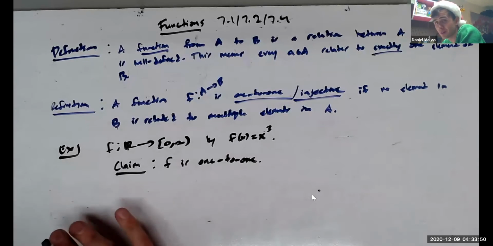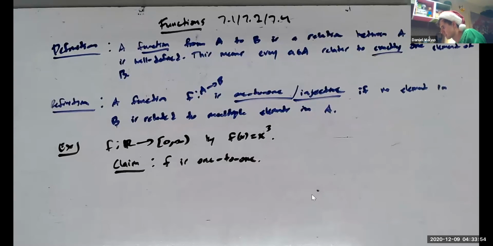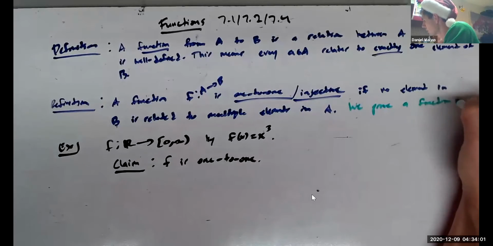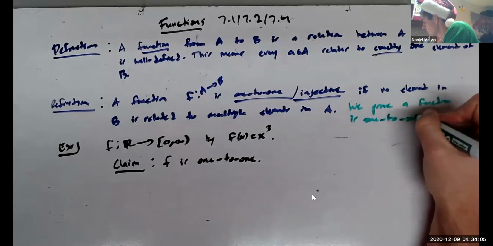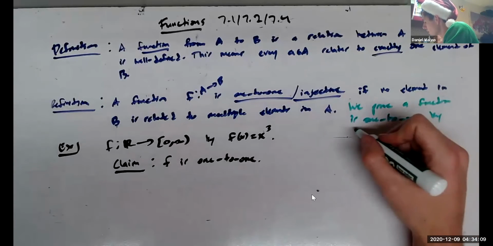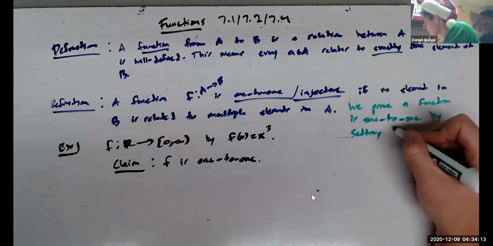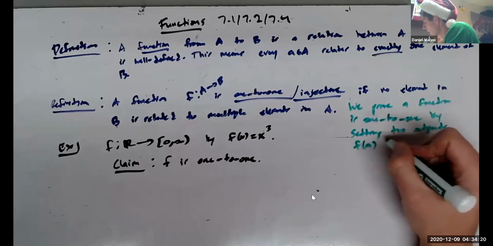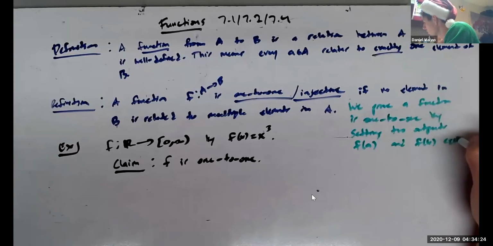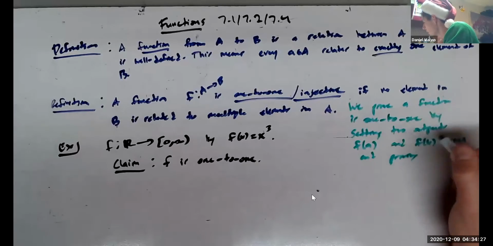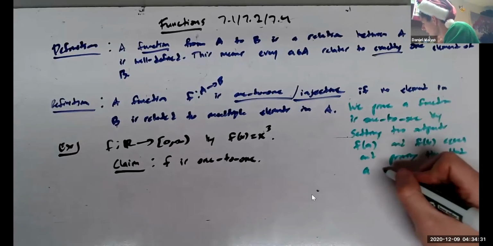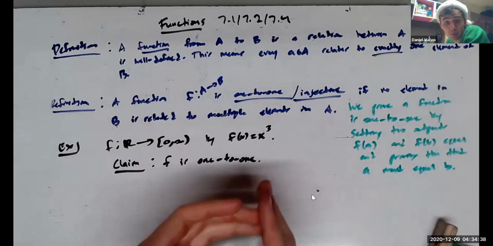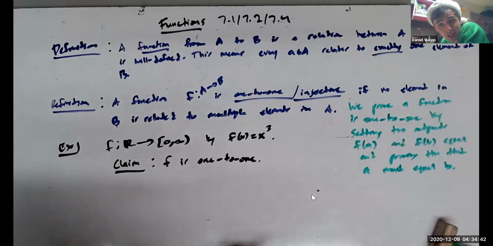So here's how you prove something's 1-to-1. We prove a function is 1-to-1 by setting 2 outputs, f of A and f of B equal, and proving then that A must equal B. So the way you prove a function is 1-to-1 is it's kind of a contradiction-like thing, but not really.